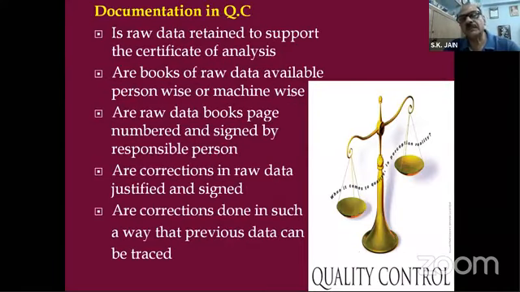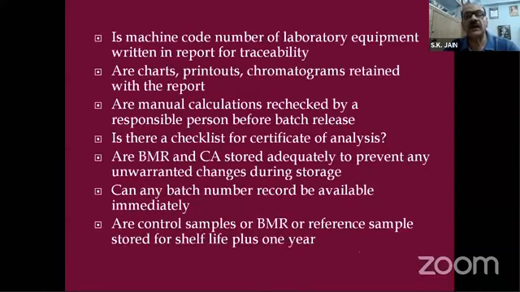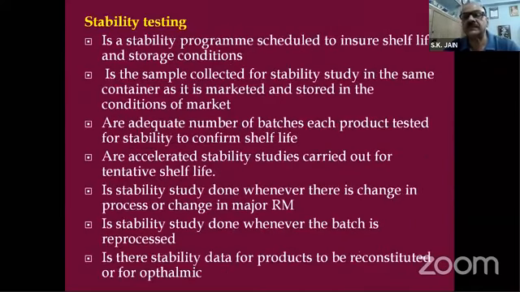So these are the documents to be maintained in quality control, right? Then stability testing, there should be a scheduled program for the stability testing. So these are the different GMP guidelines for stability testing and microbial testing.